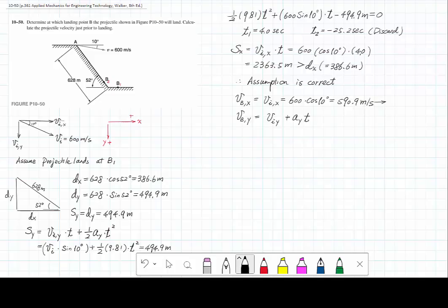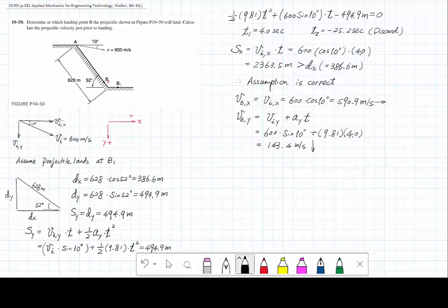Again, Viy is going down, so this is a positive one. 600 sine 10 degrees is Viy, plus gravity again, 9.81, positive, and 4 seconds as the time. So we have 143.4 meters per second, and the direction is going down.